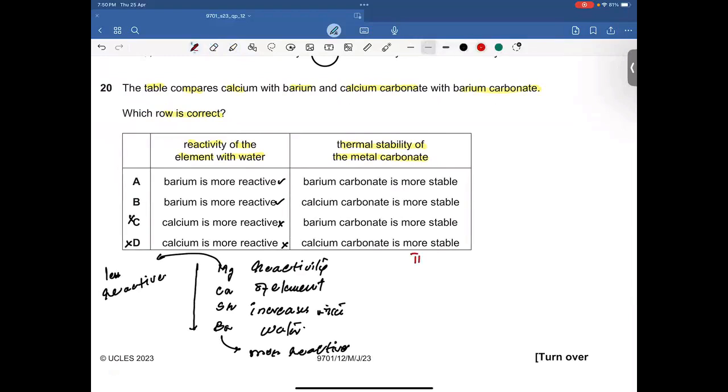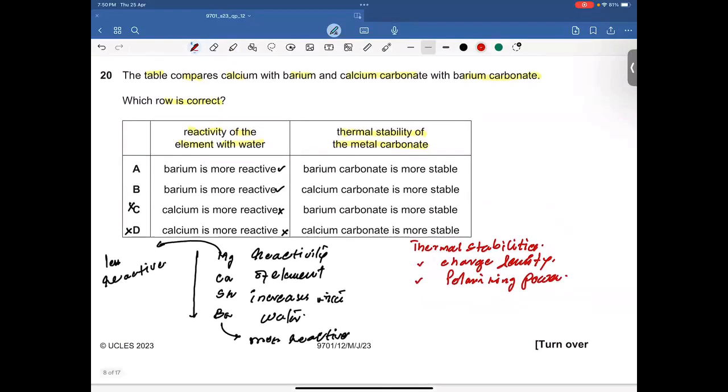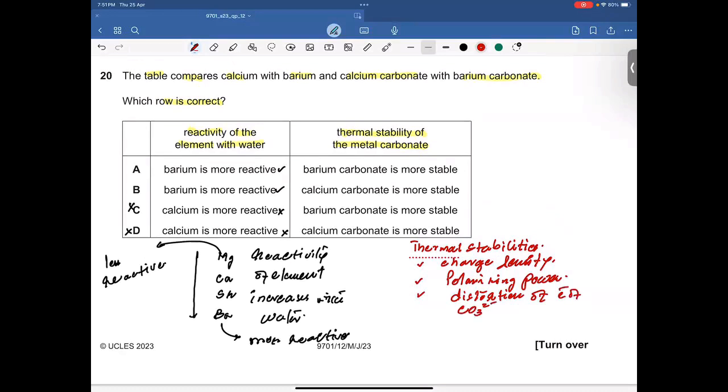So the thermal stabilities of group 2 carbonates and nitrates depend on charge density, polarizing power, and distortion of electrons of anions. Since I'm talking about metal carbonates, it is the distortion of electrons of carbonate ions. So these are the three main factors.